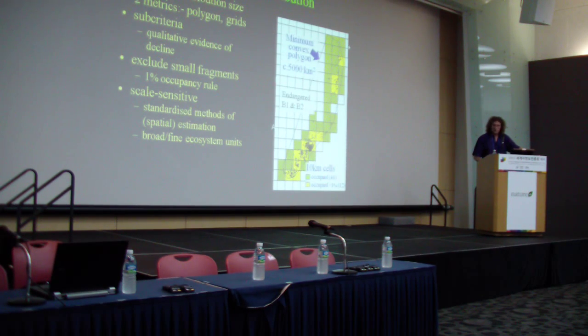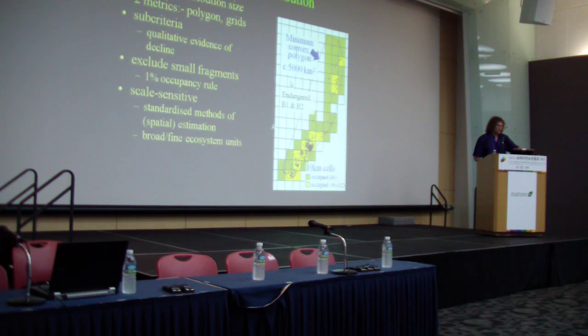So in this example here, this ecosystem's distribution is enclosed within a polygon that is about 5,000 square kilometres large, and it occupies about 46 of these 10-kilometre grid cells, of which 12 are occupied with more than 1% of the cell area, excluding the small fragmented occurrences. So both of those estimates lead us to the inference that this ecosystem meets the thresholds for an endangered status.